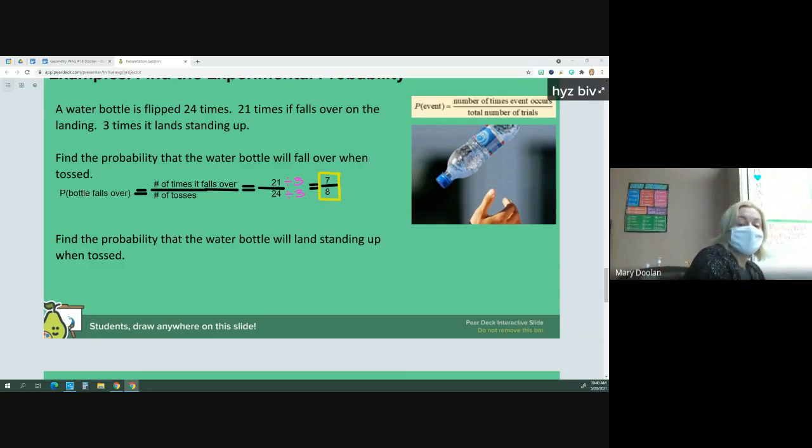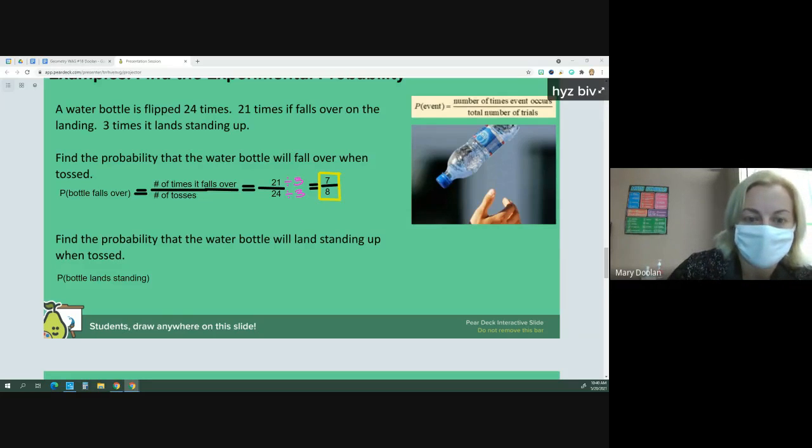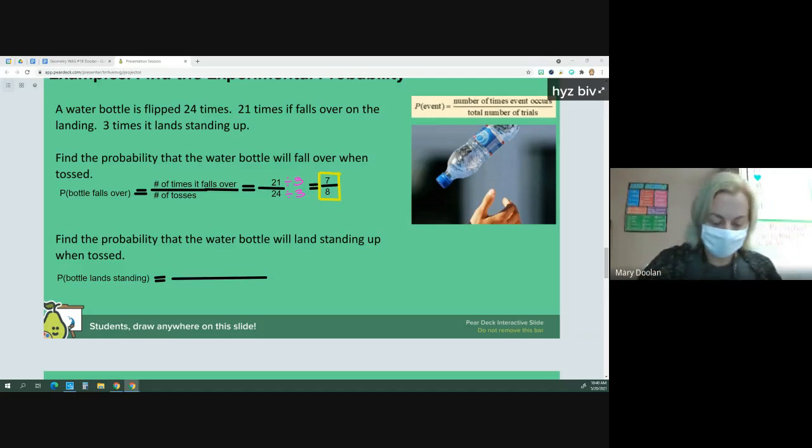And then finding the experimental probability that the water bottle will land standing up. We have the number of times it lands standing divided by the number of tosses.